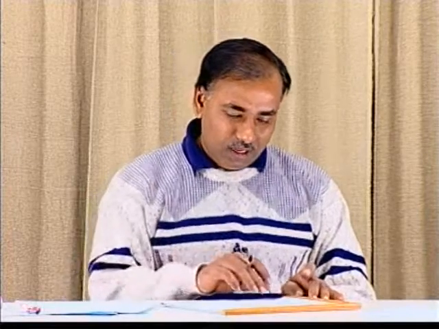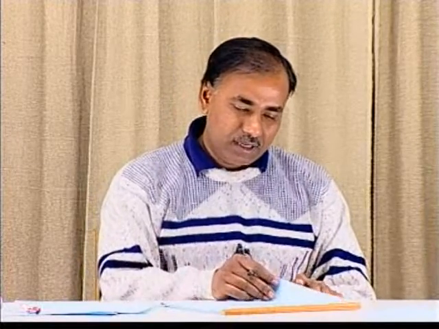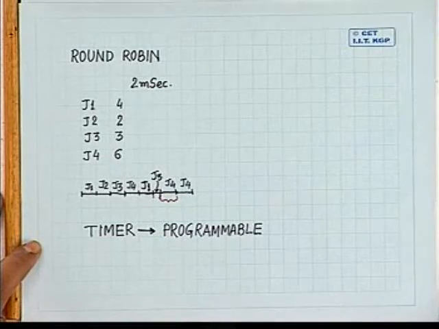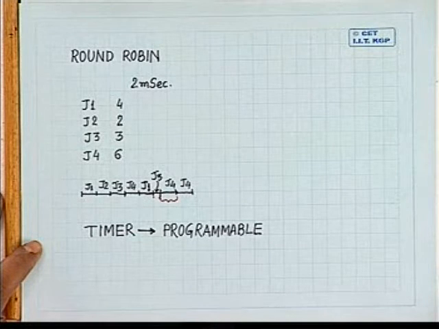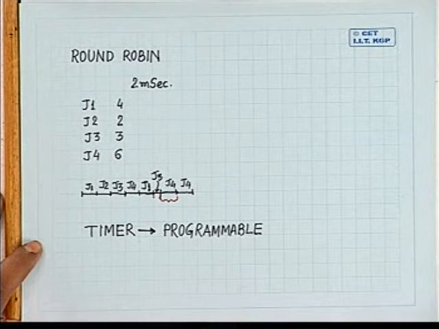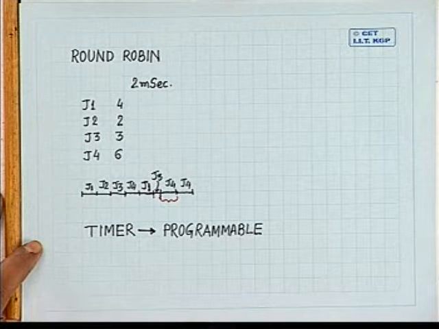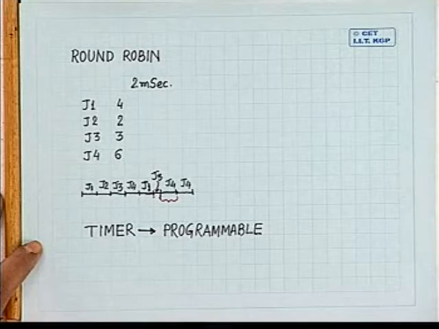Now we can have different variations of this round robin scheduling. For example, here I have not put any consideration regarding the nature of the job, but we discussed in our last lecture that the jobs may be of two kinds. Either the job needs more CPU time and less IO operation, in which case the job is a CPU bound job.